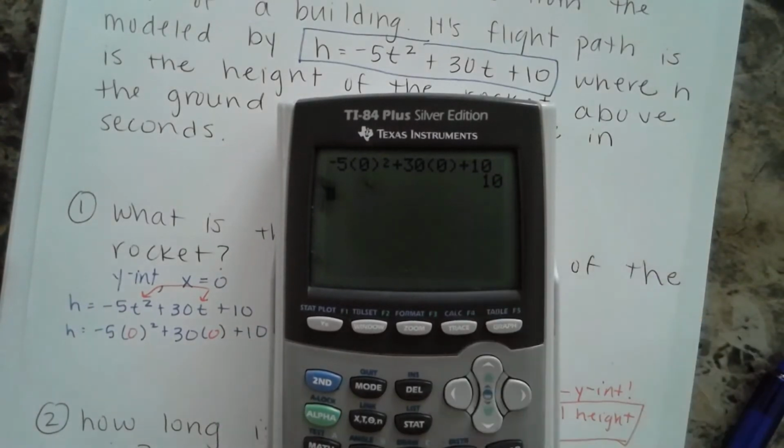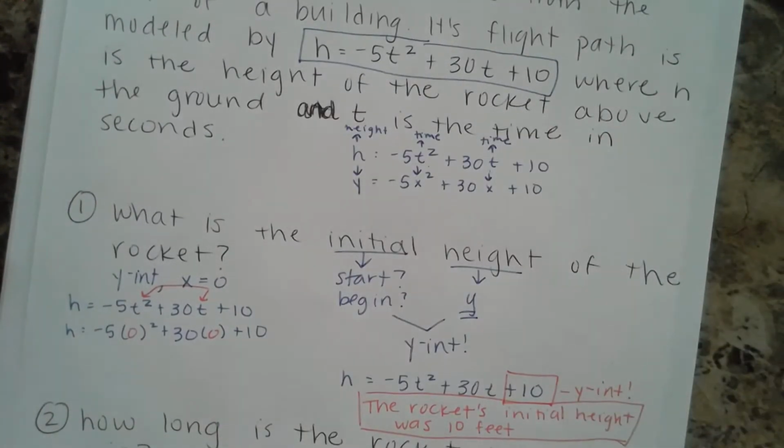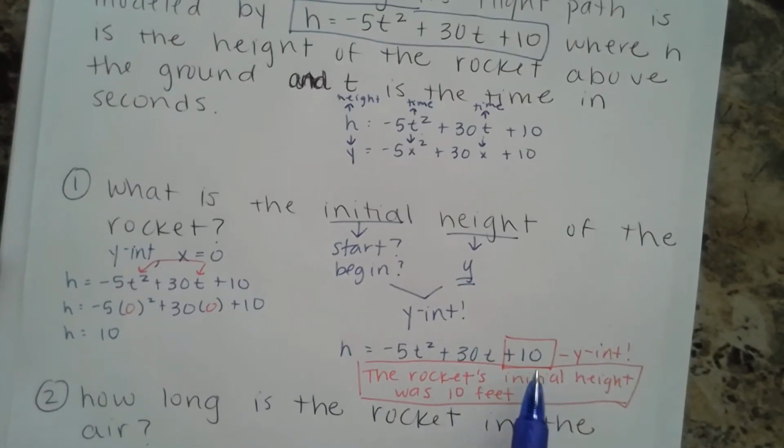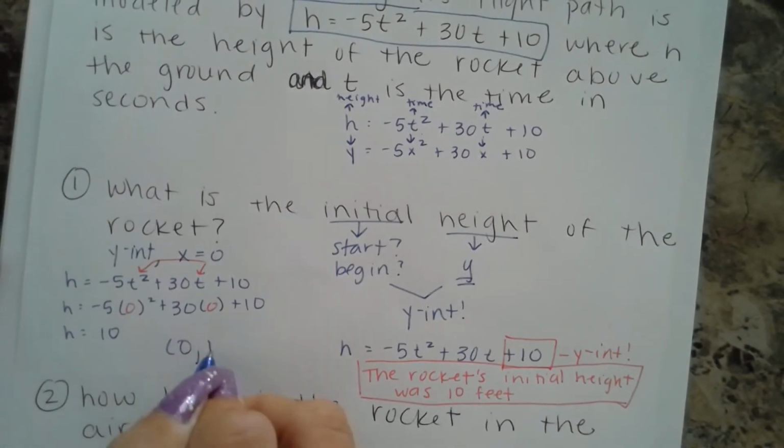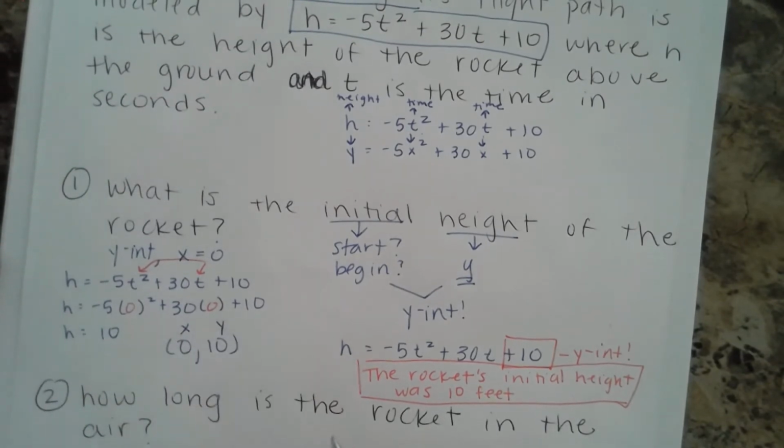Putting it into our calculator, we get 10. So h equals 10, just like it is right here. As a point, that would be (0, 10) because x is 0 and y is 10.